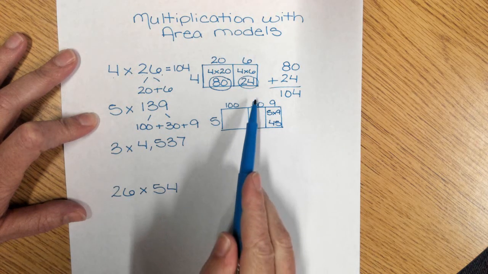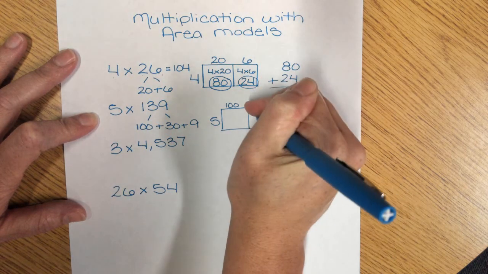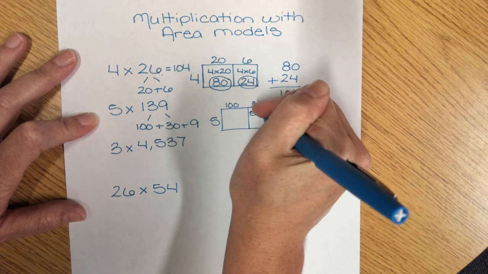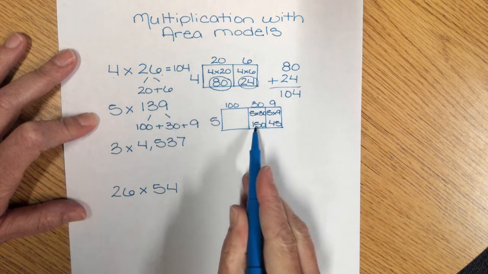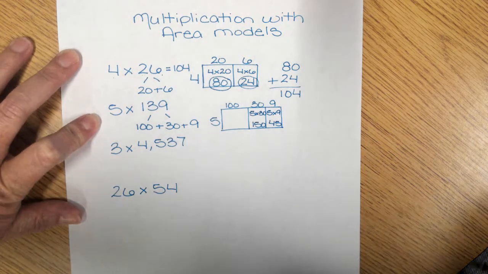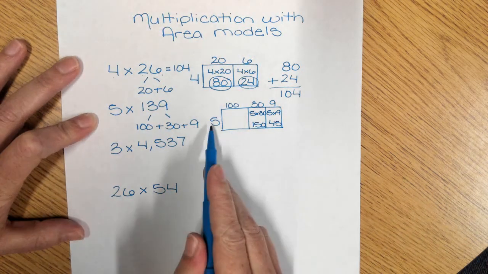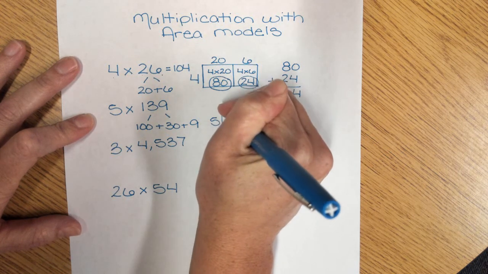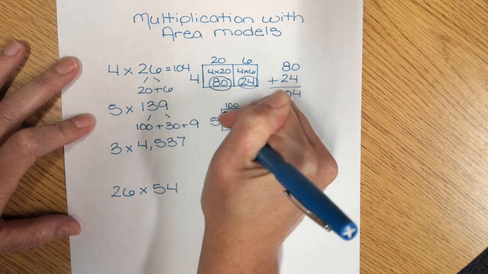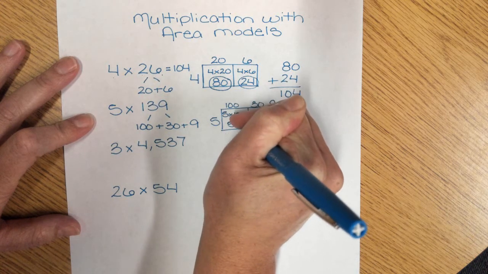My 5 is going to come over, meet my 30. 5 times 30 is 150, another partial product. And in my last box, my 5 is going to come over, it meets my 100. 5 times 100 is 500.